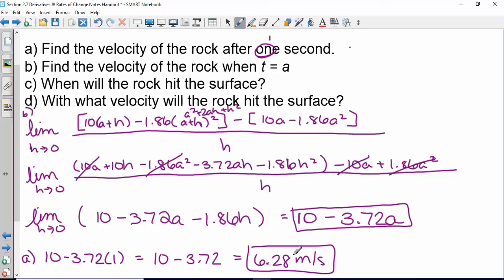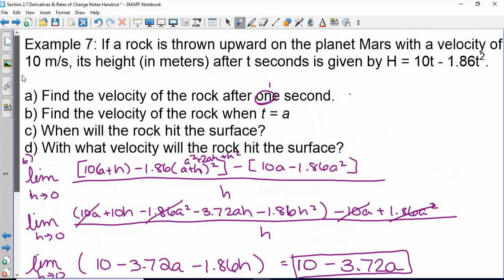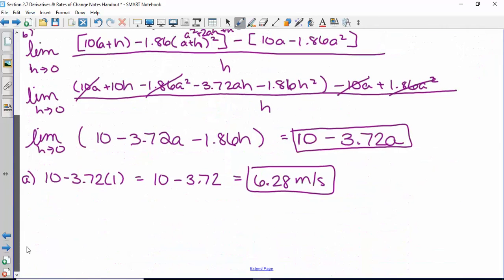Part C, when will the rock hit the surface? Okay, so if the rock hits the surface, what's the height? 0. Remember, the original equation I gave you was the height equation.